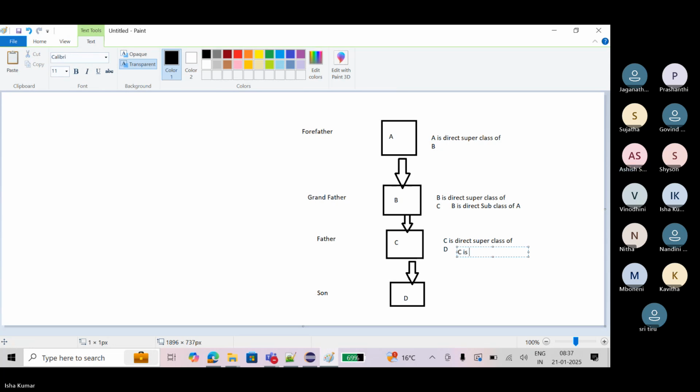Yes. D is a direct subclass of C or not? Yes. Now, A is an indirect superclass of C or not?